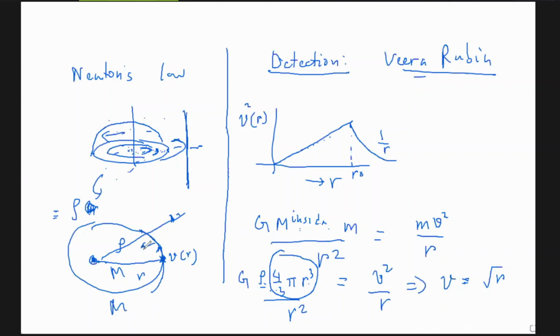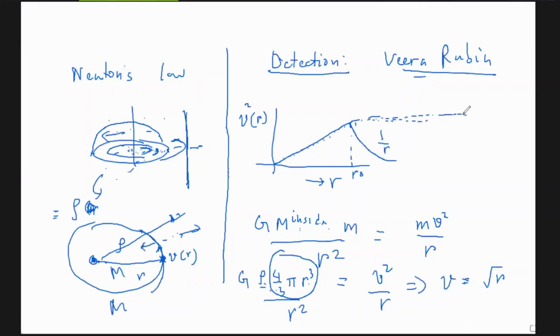If you are inside, it is a function of R. You are getting more and more mass, center of mass. But if you are outside the galaxy, you are not picking up any mass. Is it clear for everybody?